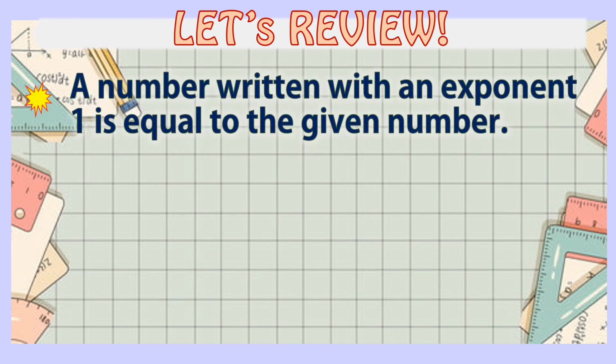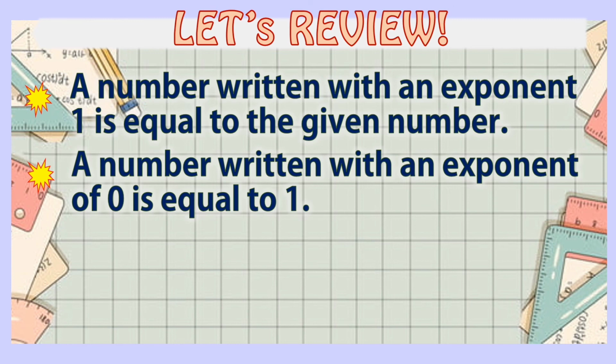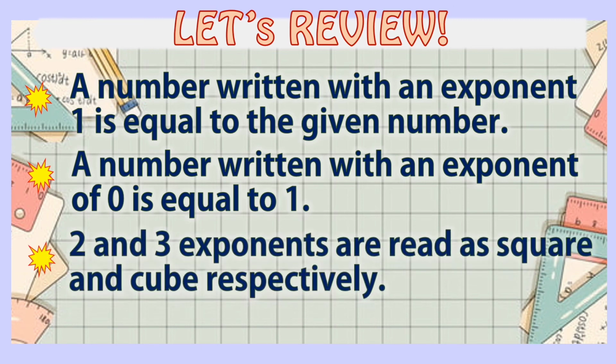A number written with an exponent of 1 is equal to the given number. A number written with an exponent of 0 is equal to 1. Exponents 2 and 3 are read as square and cube respectively.